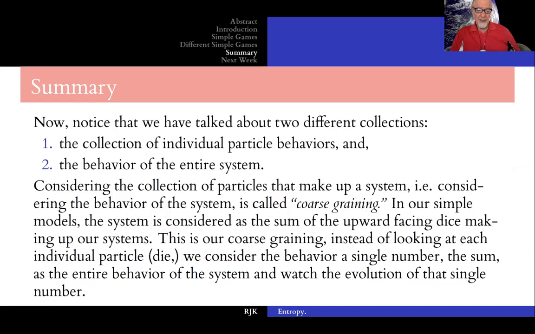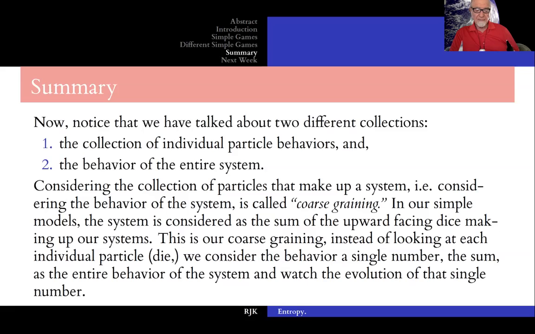Okay, we've talked about collections of individual particle behaviors and the behavior of the entire system. The idea of having a collection of individual particles behaving as a system is called coarse graining.